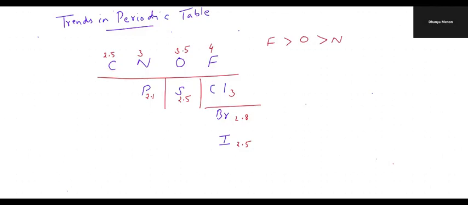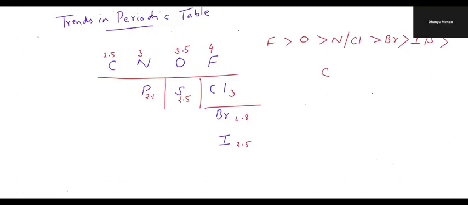Nitrogen and chlorine have the same value. Then the next one, they are greater than bromine. Bromine is greater than iodine, which has the same value as sulfur, right? Sulfur is greater than carbon.